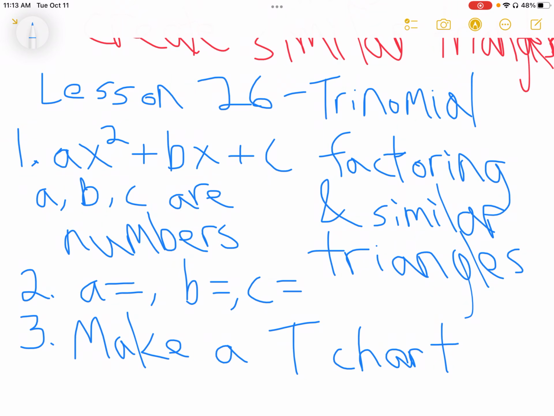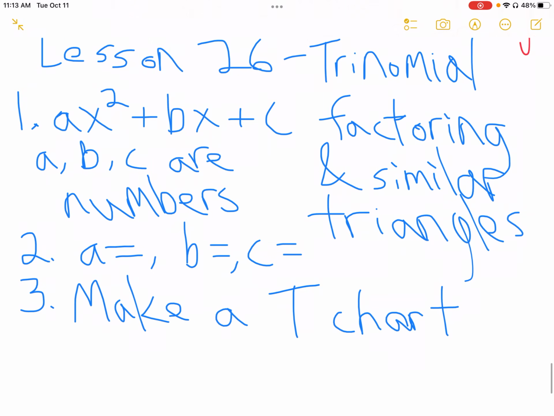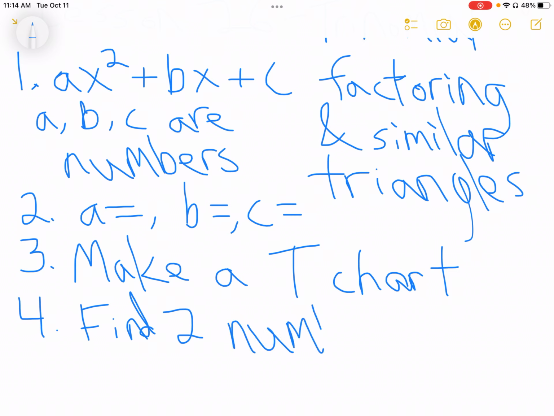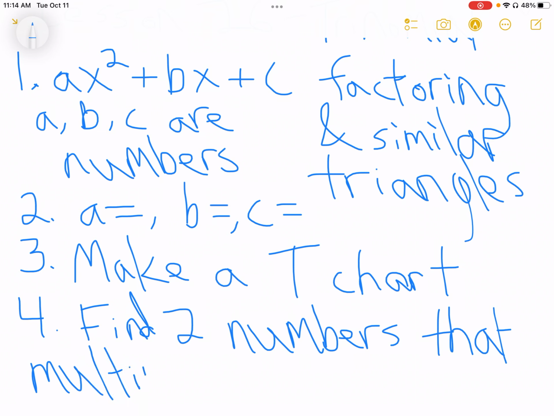And then our T-chart here is, I don't think you guys have done this before, so it might take a little bit of practice. But we're going to find two numbers that multiply to a times c.